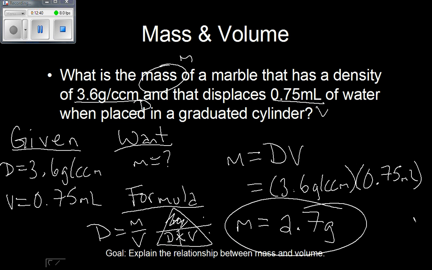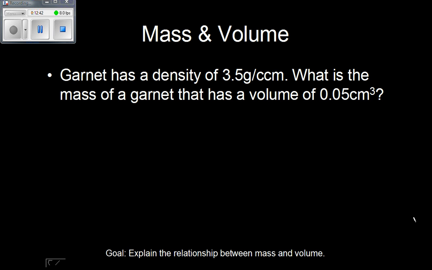One final problem. Garnet has a density of 3.5 grams per cubic centimeter. What is the mass of a garnet that has a volume of 0.05 cubic centimeters? Start by identifying what you've been given and what you want.